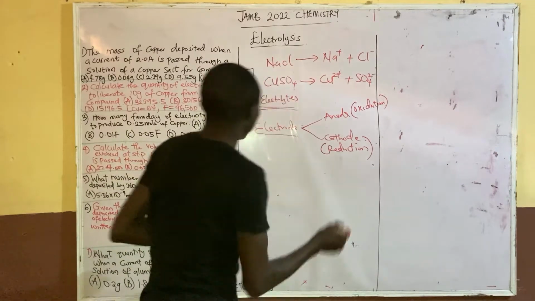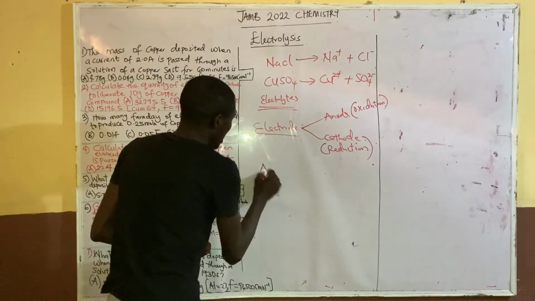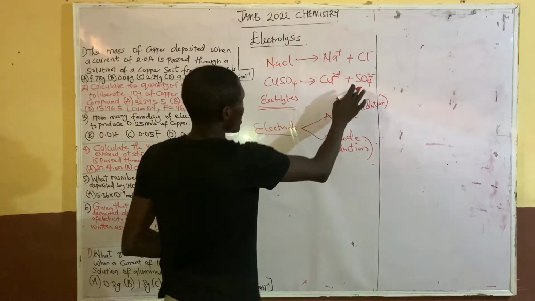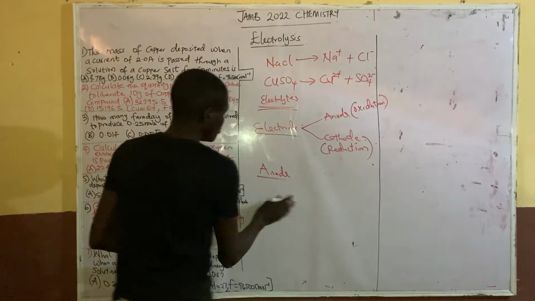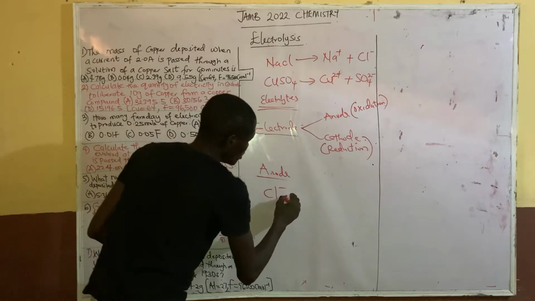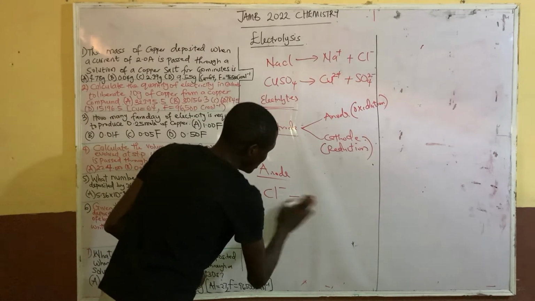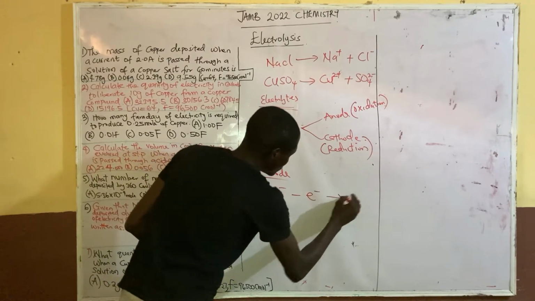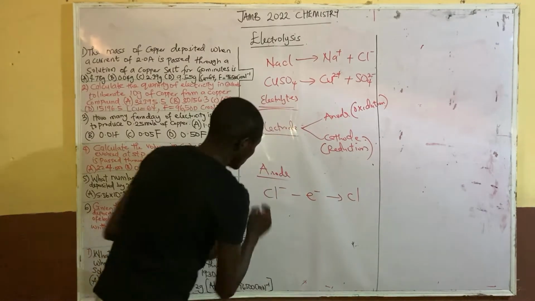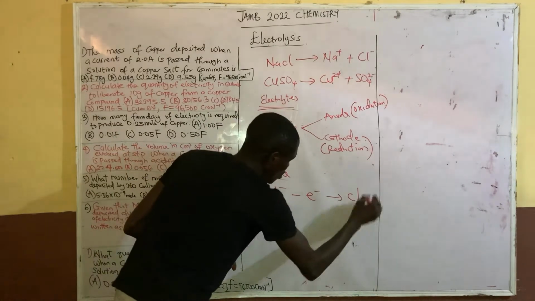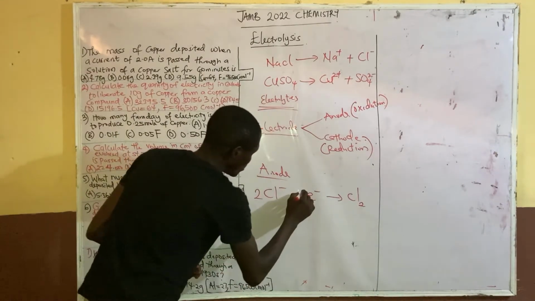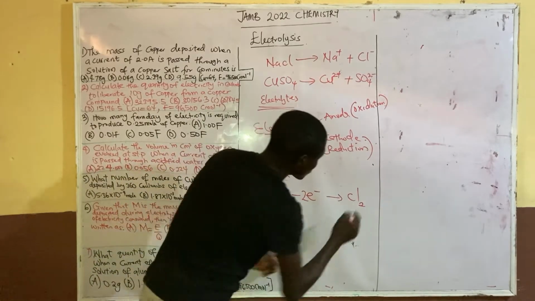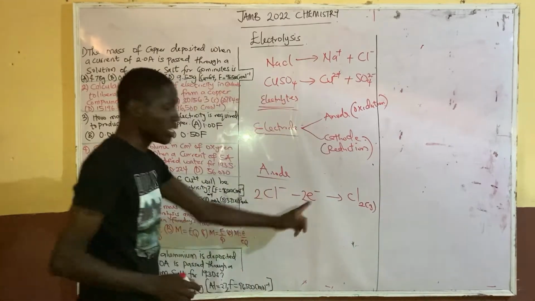For example, if I want to write the reaction at the anode, it will be oxidation: chloride ion losing an electron becomes chlorine gas. If I want to write it in the 2 form, 2Cl- minus 2 electrons will give me chlorine gas. And this is an oxidation reaction.